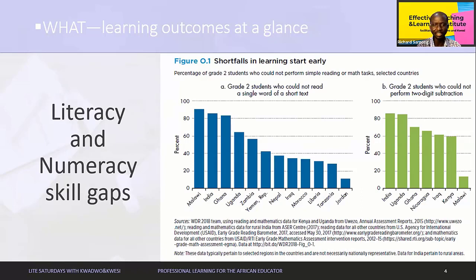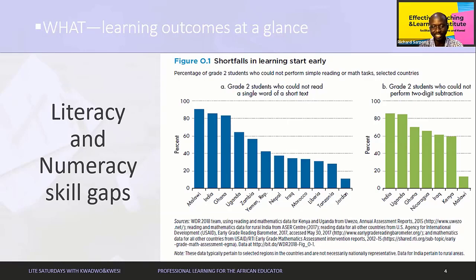And if you look at this report, you will see that about 80 plus percent of students in Ghanaian schools who are in grade 2 are not able to read a single word of a short text. And again, 80 plus percent of them cannot perform a two-digit subtraction problem that is posed to them.